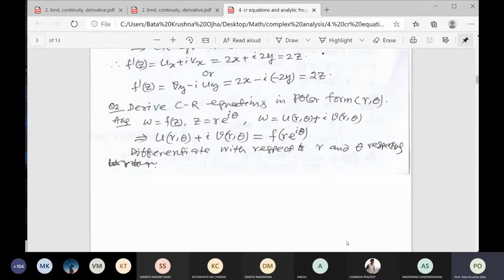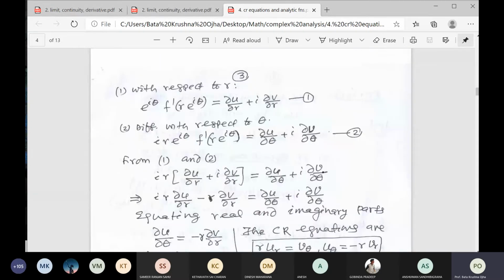So this gives equation 1 and 2. Now to solve both the equations, eliminate f dash of r e to the i theta.